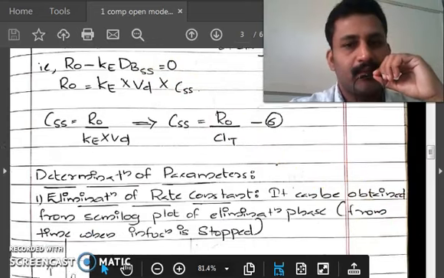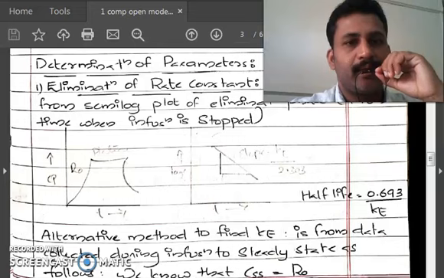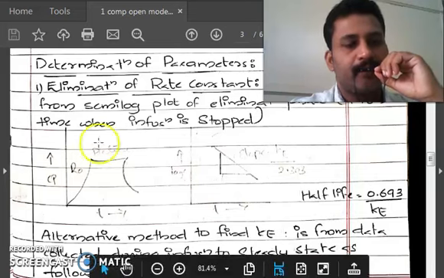Then the next step will be the determination of parameters. First one is the elimination rate constant. The elimination rate constant can be obtained by two methods, and the simple method is the semi-log plot of the elimination phase from the time when infusion is stopped. You can plot a graph of concentration of the drug in the plasma versus time.